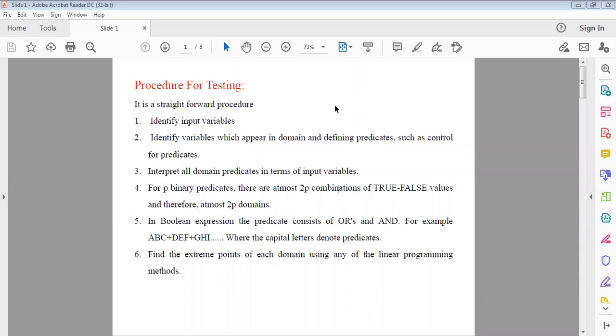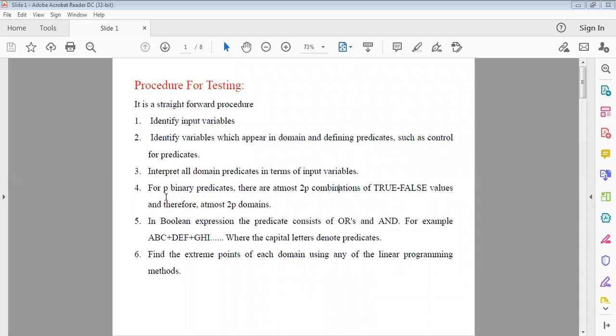Next, when the predicate is a binary predicate, the values of that predicate will be only two combinations, true or false. For example, take the predicate x less than 2. The x value can come from some range, like 1 to 5, but this predicate is boolean, so it takes only two values, true and false.